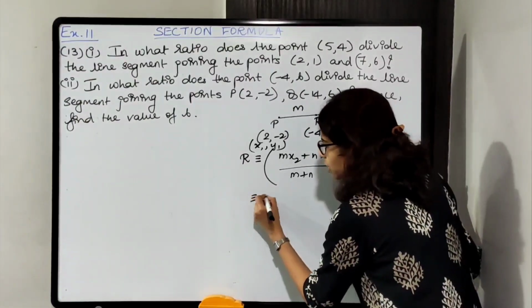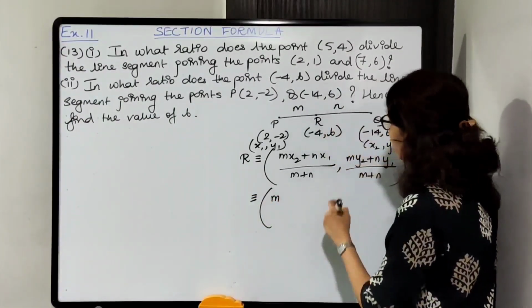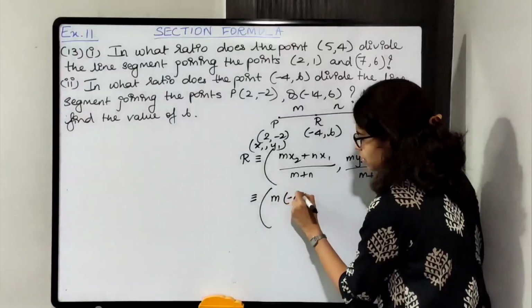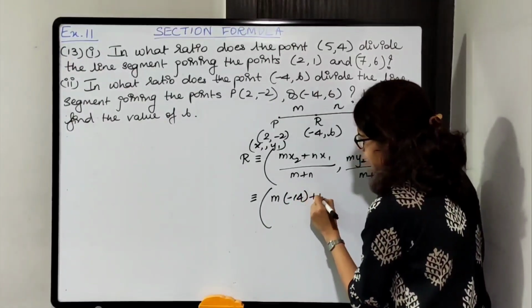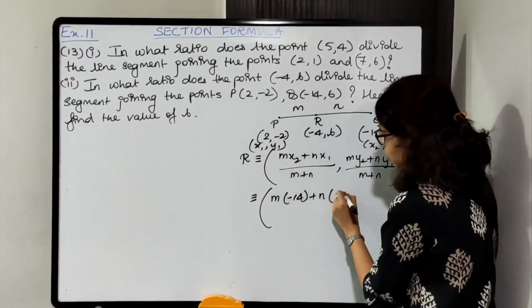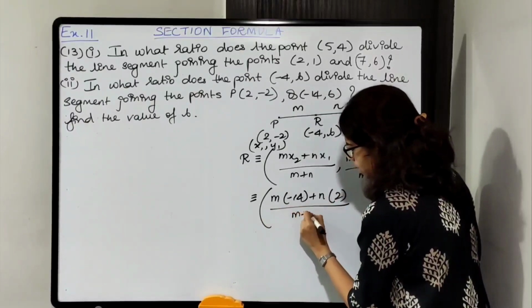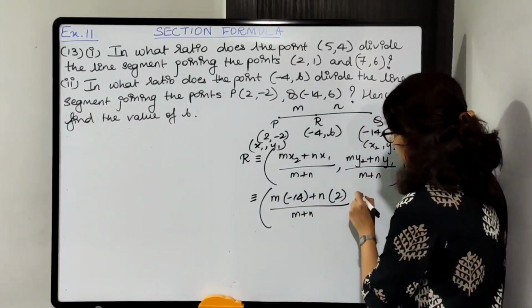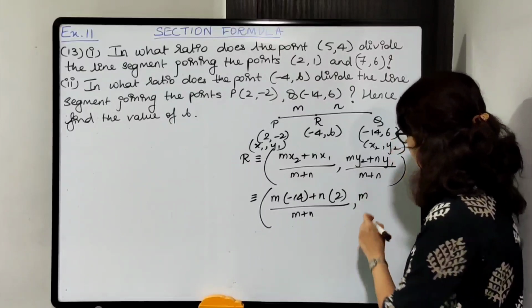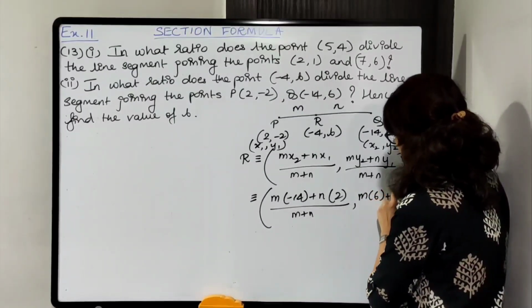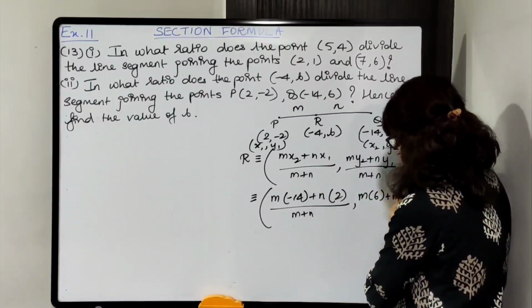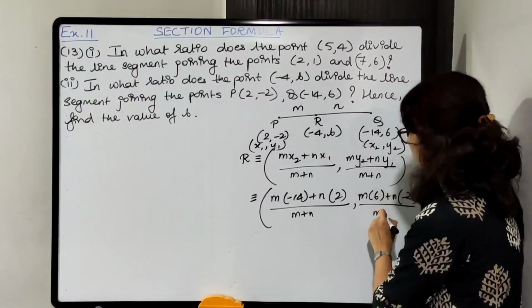So क्या हो जाएगा? m into x2 is minus 14 and n into x1 is 2 upon m plus n. Same thing यहाँ पे, m into y2 is 6 and n into y1 is minus 2 upon m plus n.